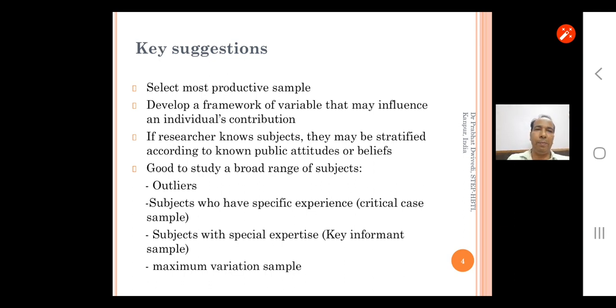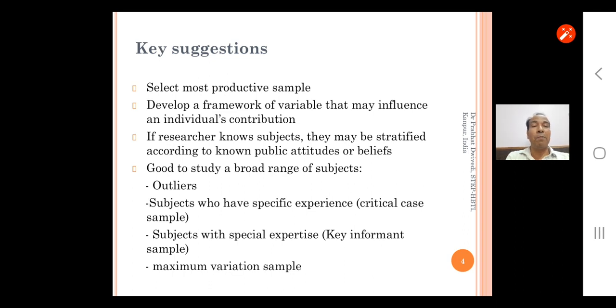The next suggestion is, if the researcher knows the subjects, they may be stratified according to known public attributes or beliefs. As we all know, stratification is required while sampling, just to get those subgroups of the population which are more homogeneous internally.